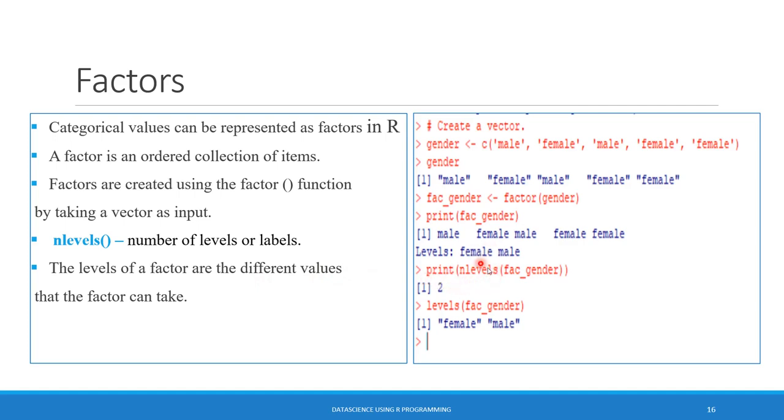To do that, you can make use of the function nlevels of, and mention the name of the factor. It will return the number of different values or levels present in the factor. In this example, we have only 2 different values, or 2 categories, or 2 levels. So the output is nothing but 2.